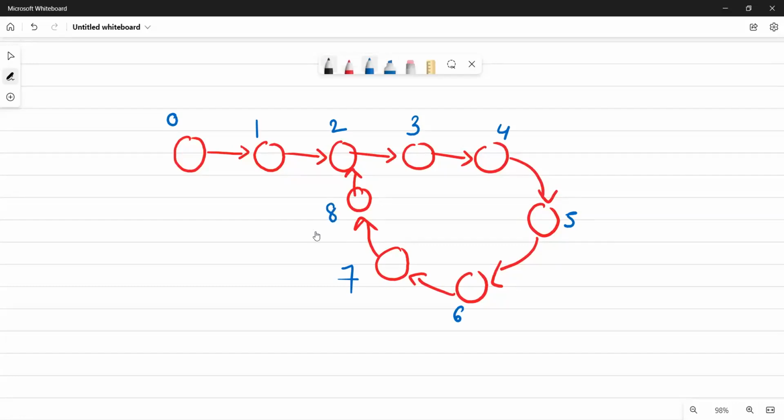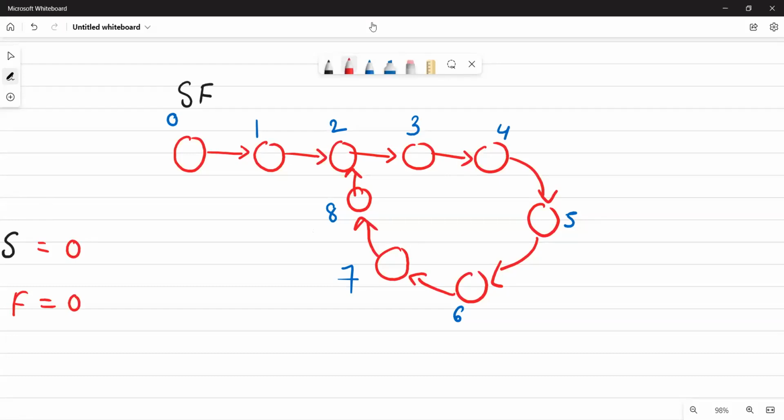So here again, we will take our starting, I'll say slow and fast pointer. I'll just keep on writing the values. Initially your slow is at 0. Your fast is at 0.